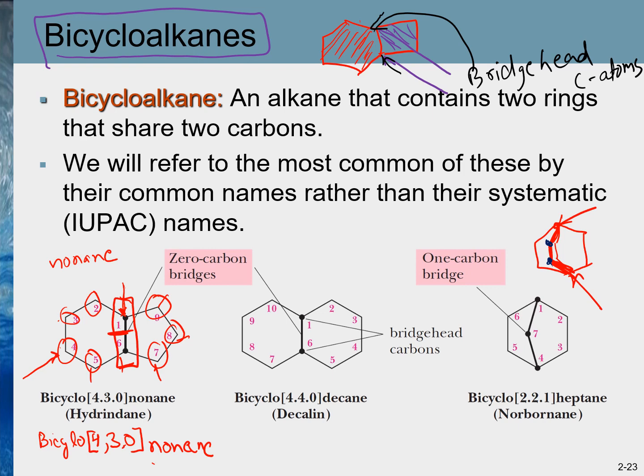So in the second example again, we can see that apart from the bridgeheads, there are 4 carbons in one ring and 4 carbons in the other ring. In other words, it's a symmetrical ring, so you can count from either side. The name will not change, so the name will be bicyclo[4.4.0]decane. It's dots, sorry, not commas.